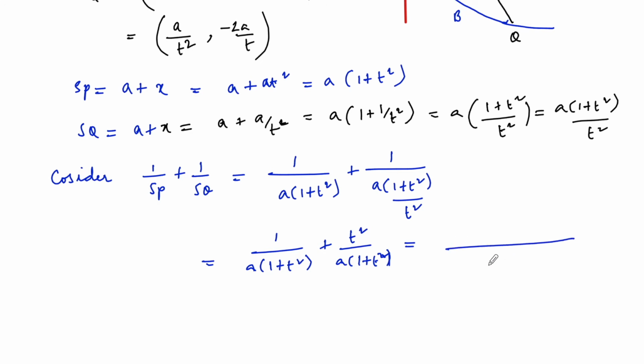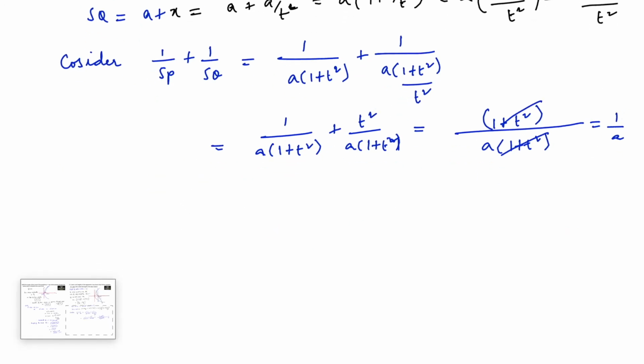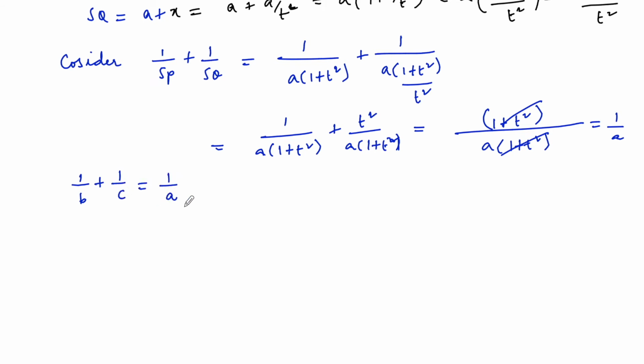And on simplifying, the numerator 1 plus T square cancels with A times of 1 plus T square, and you can get 1 upon A. So we are getting 1 upon SP plus 1 upon SQ, that is 1 upon B plus 1 upon C, which is equal to 1 upon A.